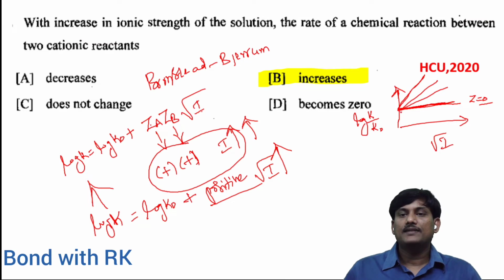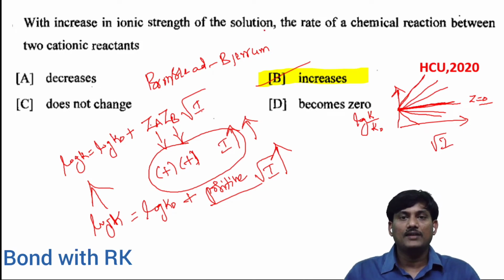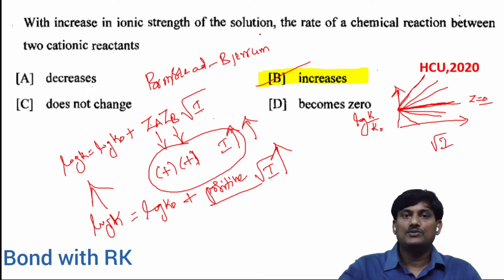If one of the reactants is positive and another one is negative, then there is a decrease in log K value. So in the case of two cations, there is an increase in rate constant or rate of the reaction when there is an increase in ionic strength.